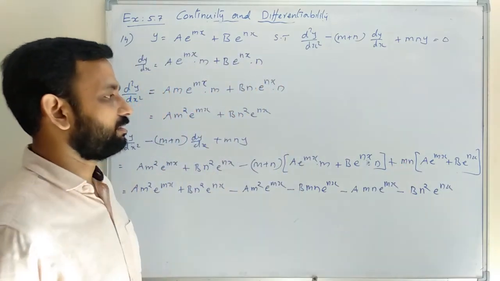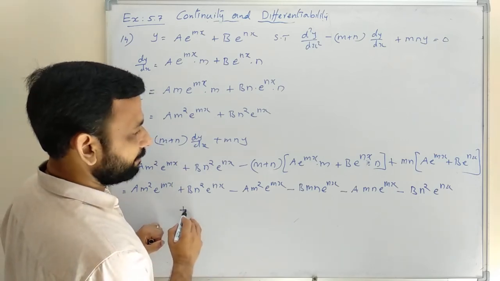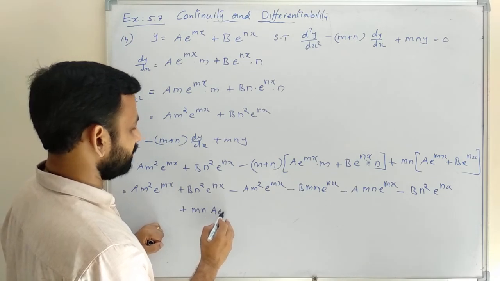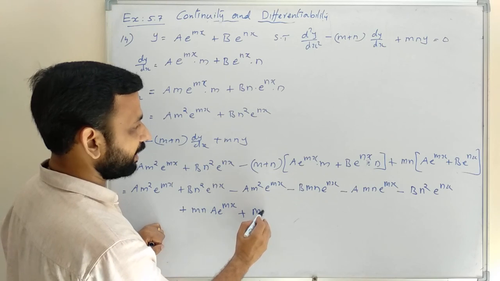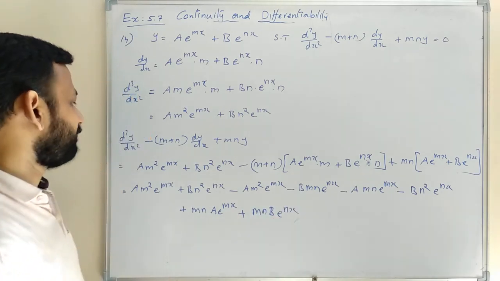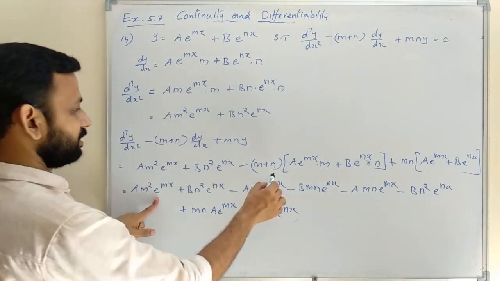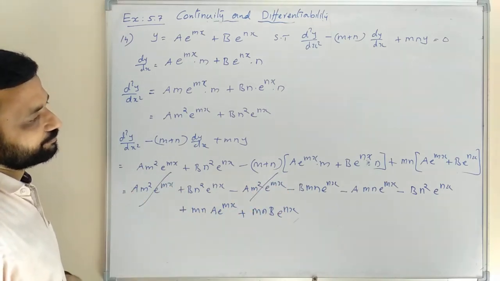Then we can open that bracket. So that is plus mn into a into e raised to mx plus mn into b into e raised to nx. So now a m square e raised to mx, a m square e raised to mx, negative, positive cancelled.